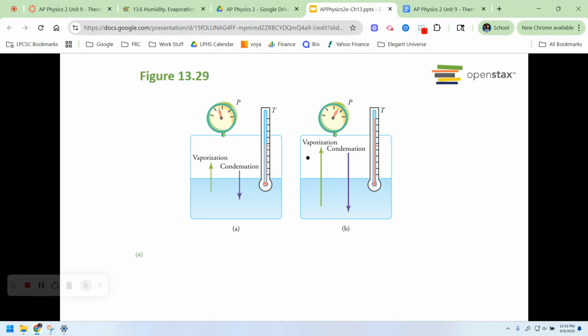So this is equilibrium because they're equal, but if you have one longer than the other, this is not equilibrium.